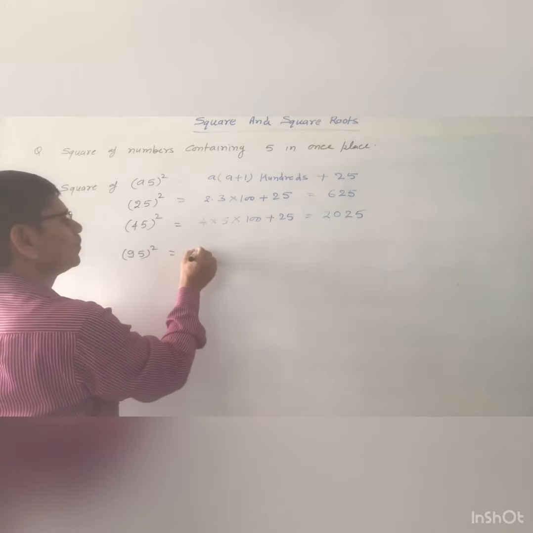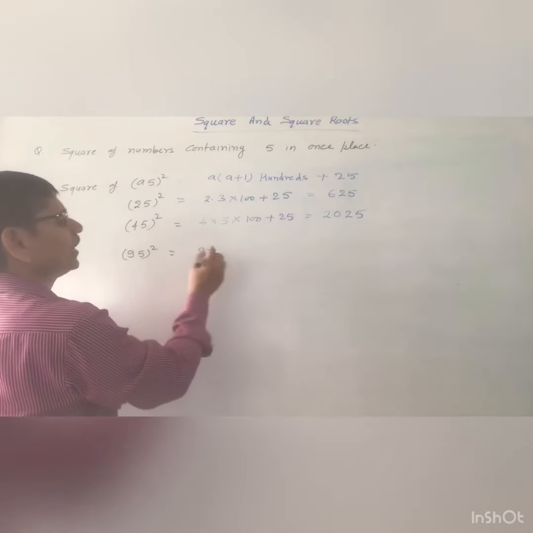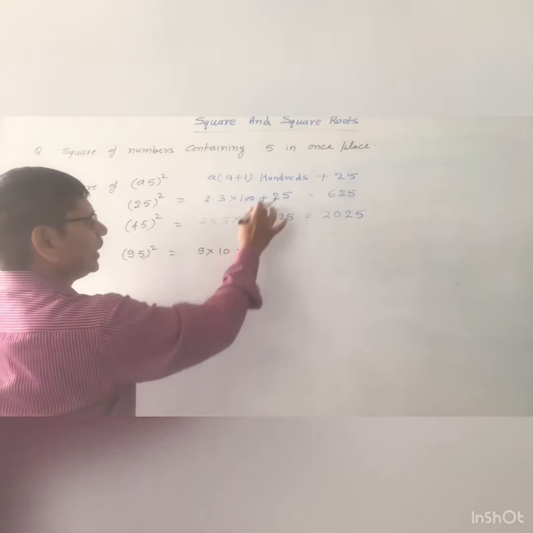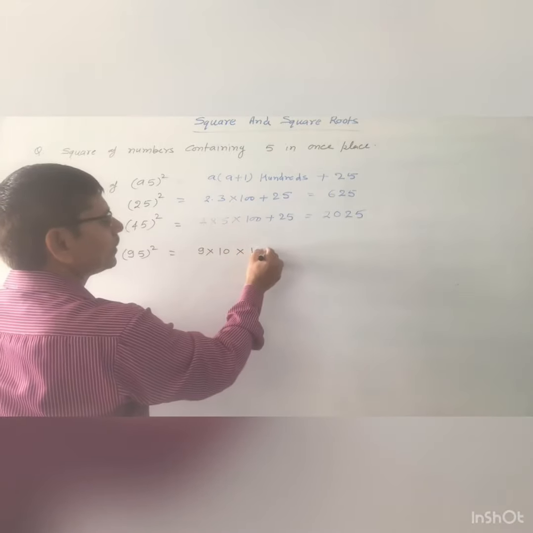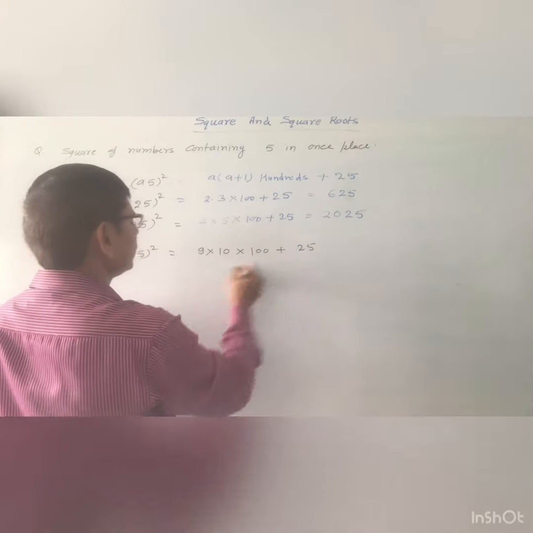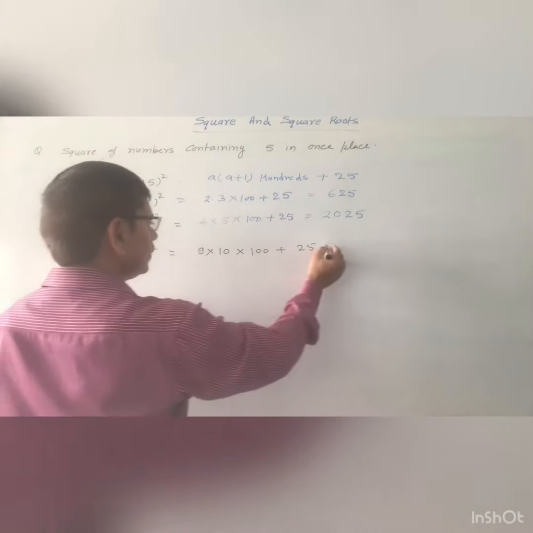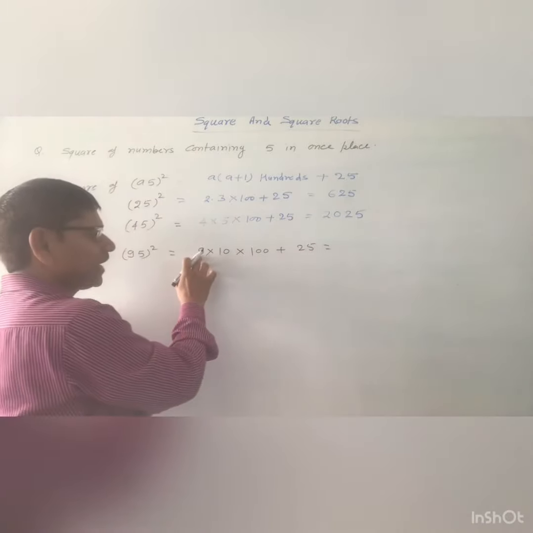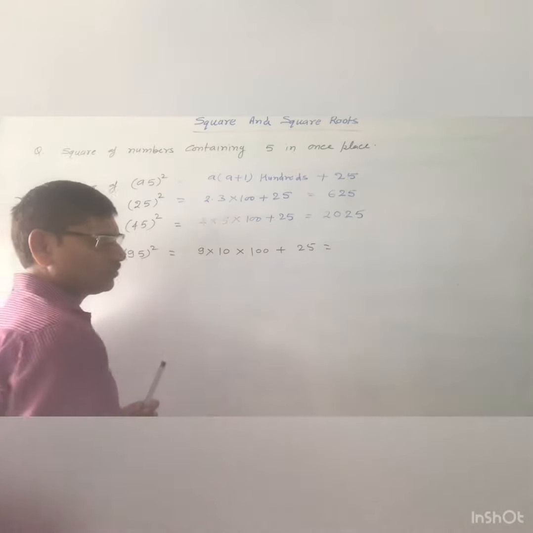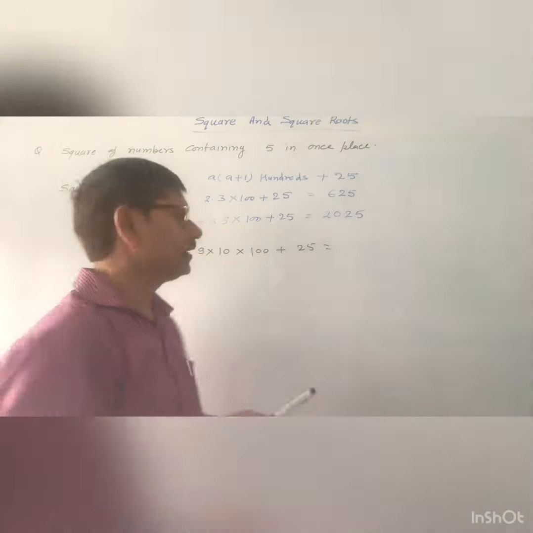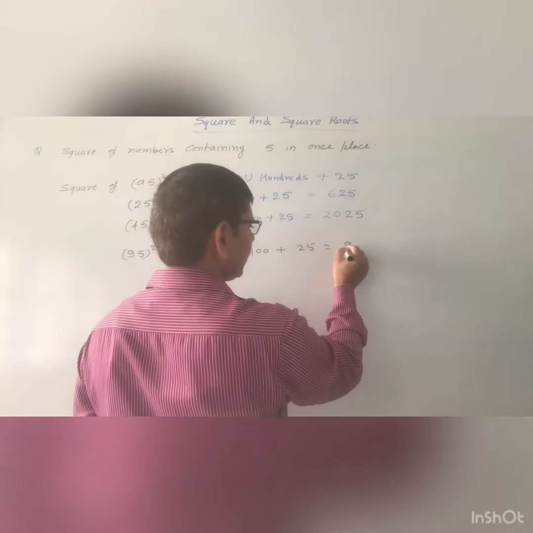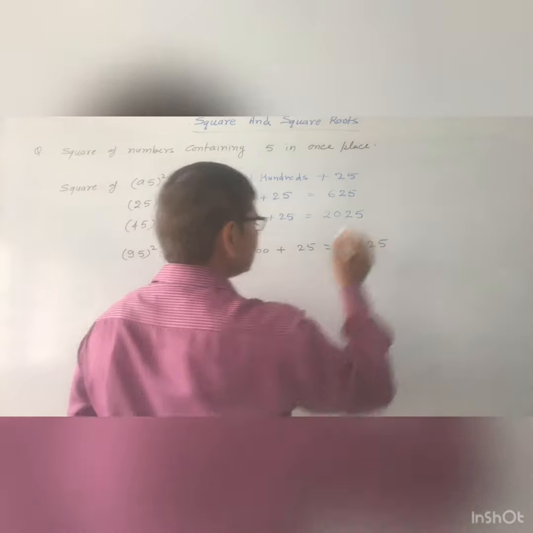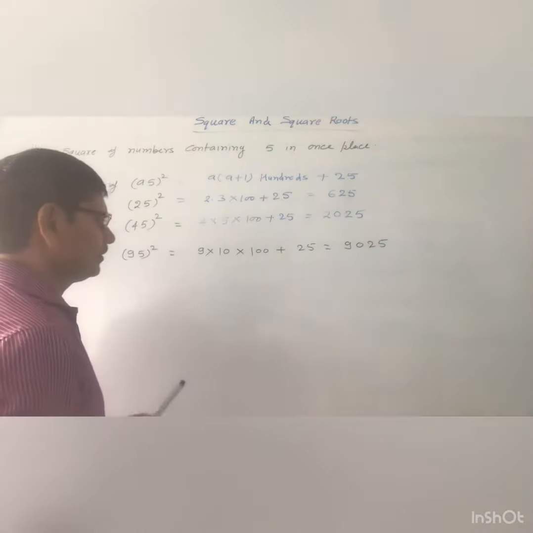Similarly, now want to square of 95, okay, so 95 square means in the place of A is 9, so you write 9 and 9 plus 1, 9 plus 1 means 10, and 100, 100 means you will write 100 plus 25, so what you get? That is 9 10 the 90 and 00 means 9000, 9025, clear?